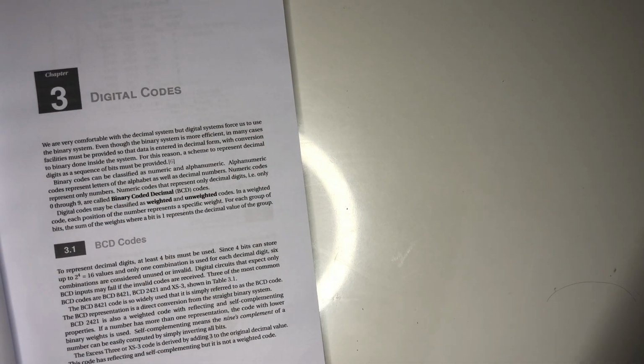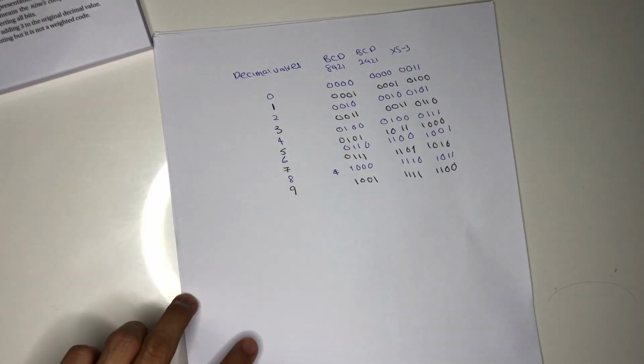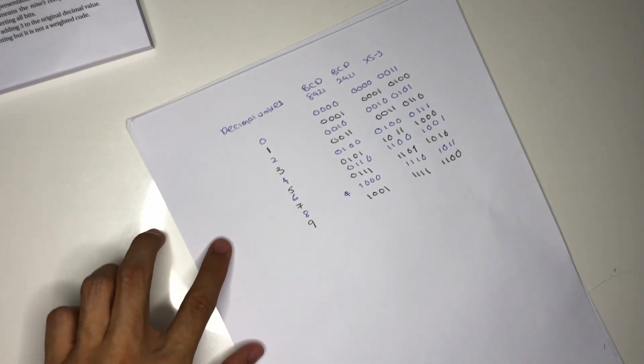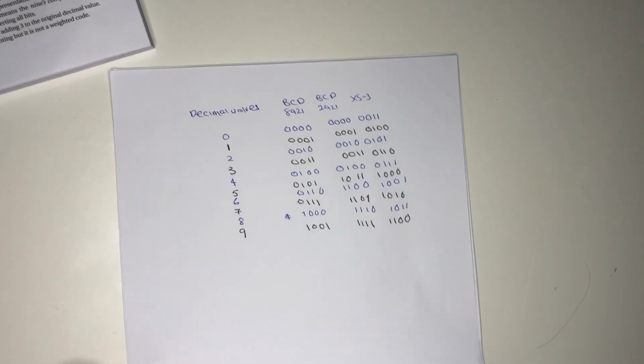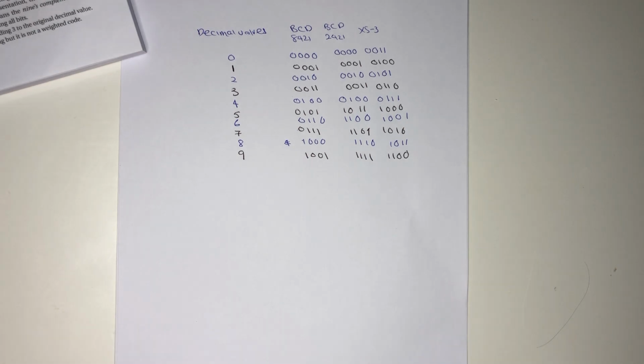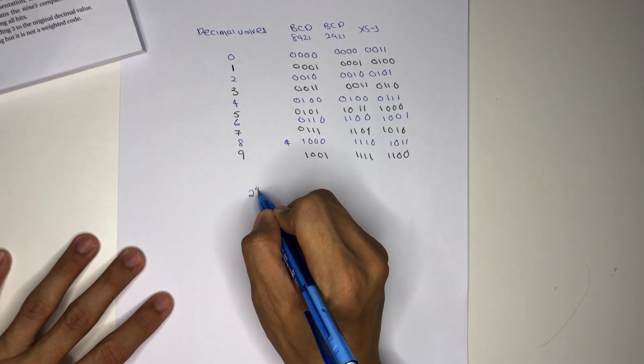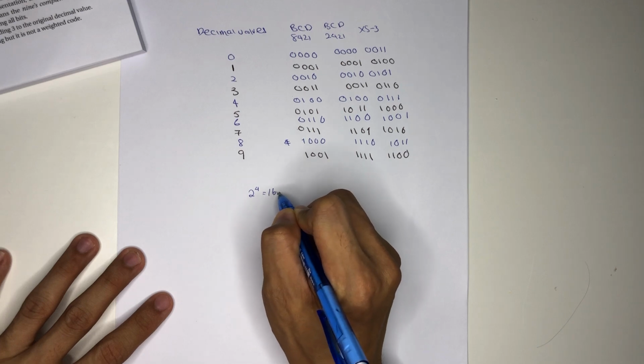Okay, so let me consider this table here. To represent a decimal digit, at least 4 bits must be used, since 4 bits can store up to 2 to the power of 4, which is 16 values.